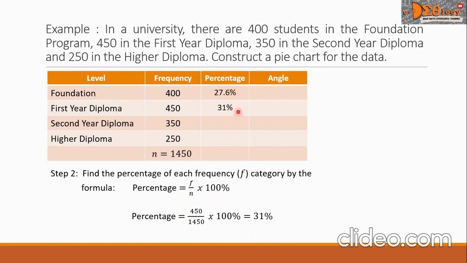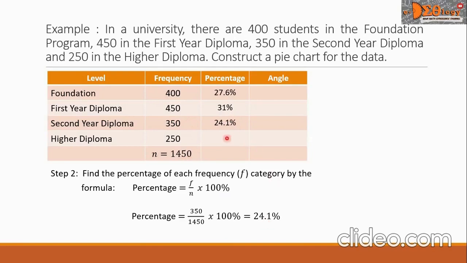For the second blank, 31%. We got this when we have this 450 divided by 1,450 times 100%. The next blank is 24.1%, and that is when we have the 350 divided by 1,450 times 100%.